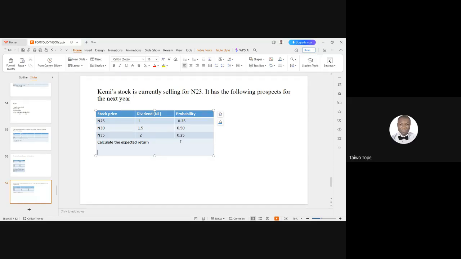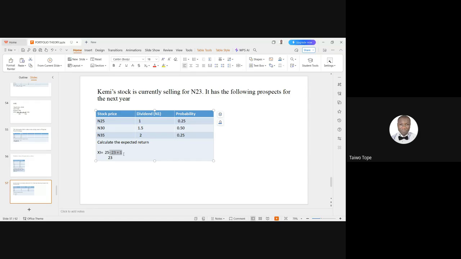So let's say we have S1. S1 will be equal to what? Based on our formula, 25 minus the old price, 23, plus the dividend, which is 1 at that point in time, divided by 23.